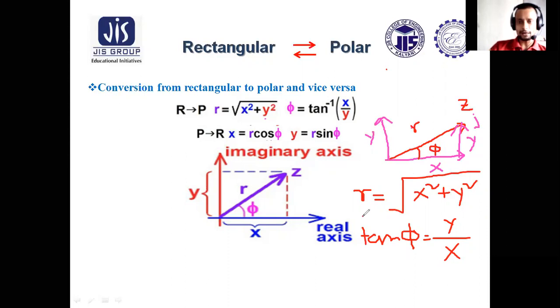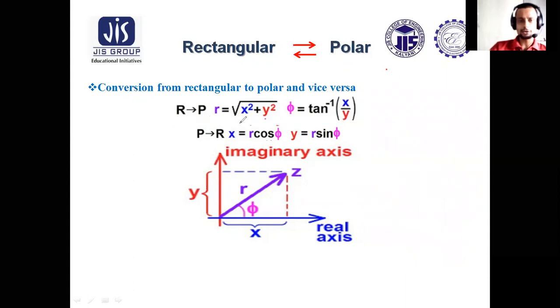So rectangular to polar form conversion: the magnitude R will be under root x square plus y square, and phase angle phi will be tan inverse y by x, based on this formula. So this is rectangular to polar conversion.